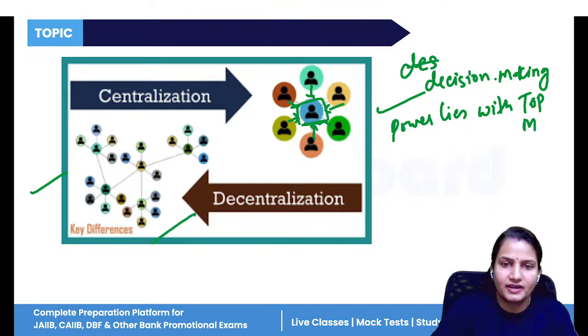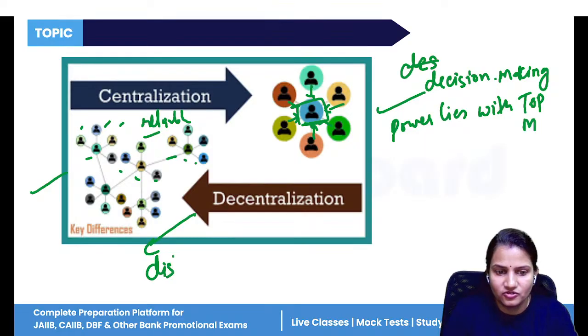And in decentralization, you can see the work is distributed among all the individuals, reliable people, authentic people. So here there is distribution of powers.